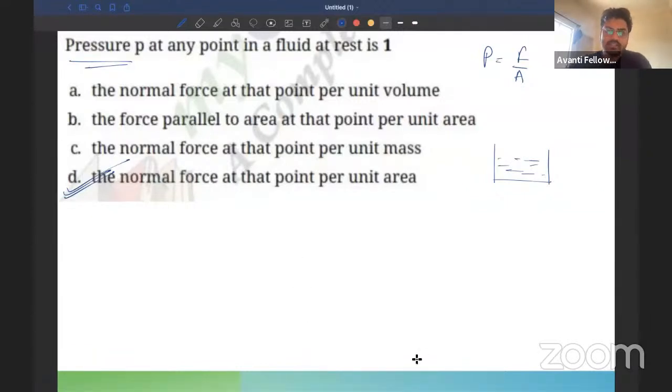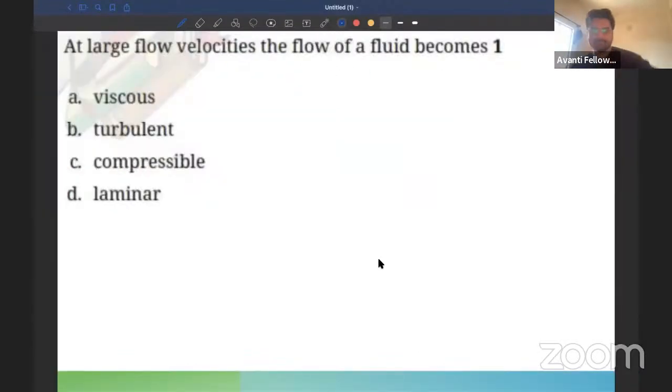Anyways, since you are leaving, do one more question from my side, right? At large flow velocities, the flow of a fluid becomes viscous, turbulent, compressible, or laminar.